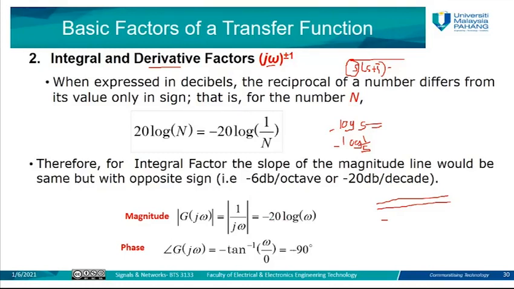For the angle, if you want to find the value for 1 over j omega, 1 over j omega can be rewritten as negative j omega. If the angle of j omega is 90, the angle of negative j omega is negative 90. So the phase here is negative 90 and the magnitude is negative 20 log omega.